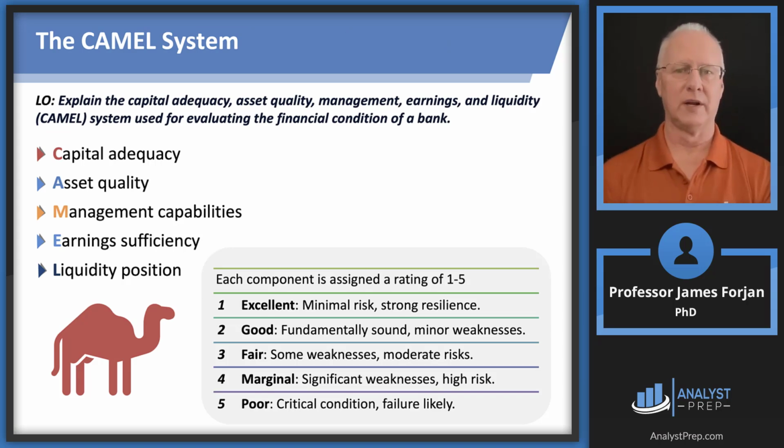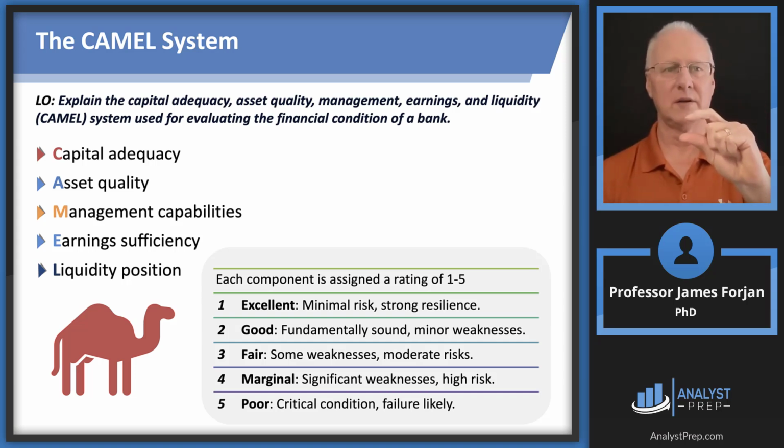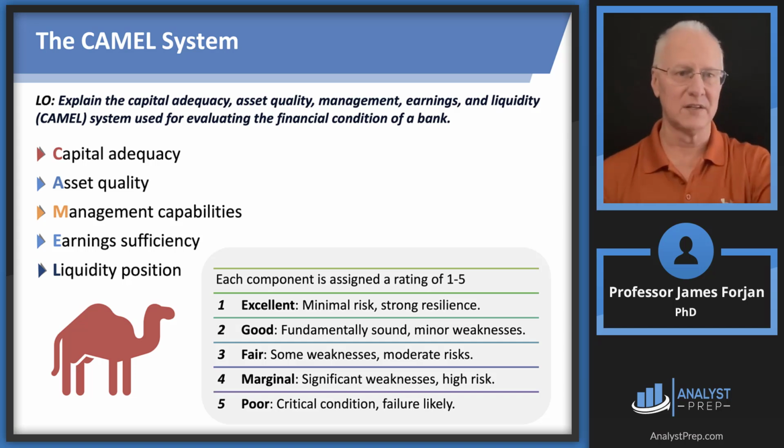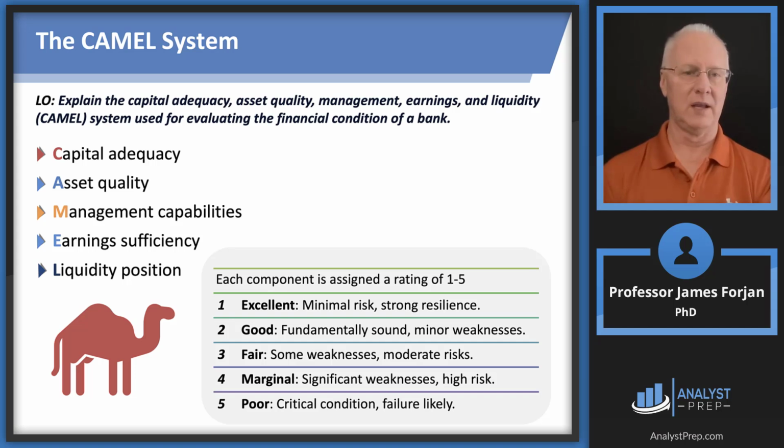Now, this first learning objective, I think, is really good, and it's really important. However, if you take a look at the reading, there's about this much that refers to the CAMEL system. In fact, they just list the first letter in CAMEL and expect you to figure out, explain, evaluating financial conditions of a bank.